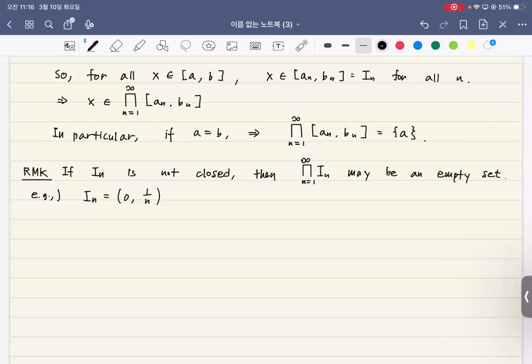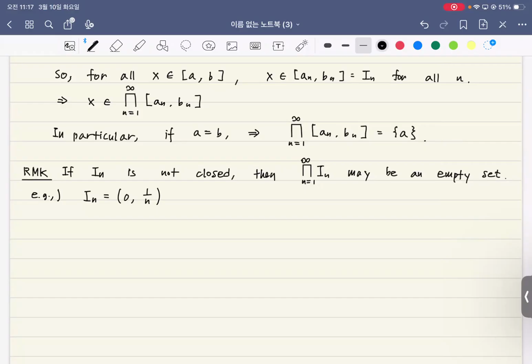This is an open interval. It does not contain the two endpoints, 0 and 1 over n. Is it nested? Yes, because as n increases, the interval is getting smaller and smaller. Therefore, I am sure that these intervals are nested. But the infinite intersection of these intervals is an empty set, right?